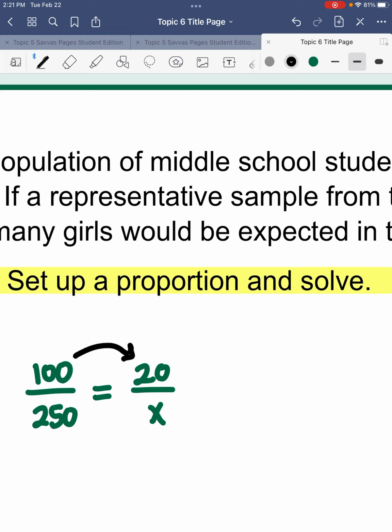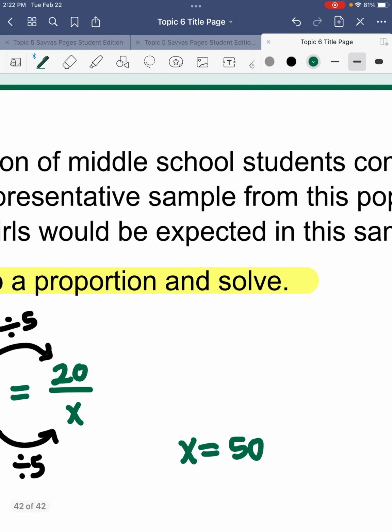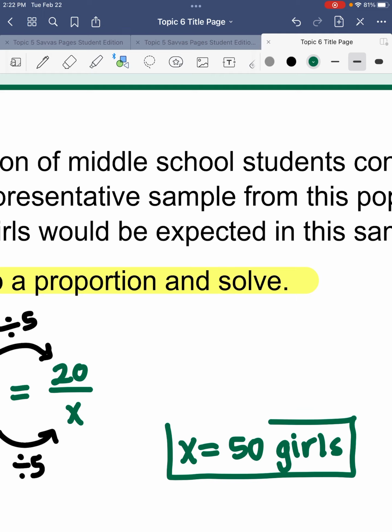To go from 100 to 20, I know I'm dividing by 5. So 250 divided by 5 should give me my x. And if I put that into my calculator, I get that x equals 50 girls. So that's how many girls I would expect to be in my sample size.